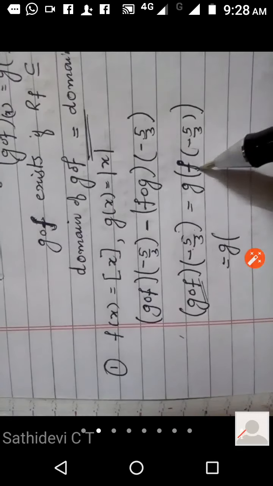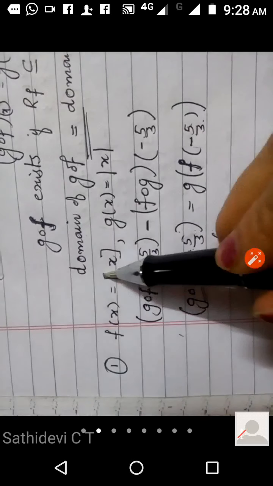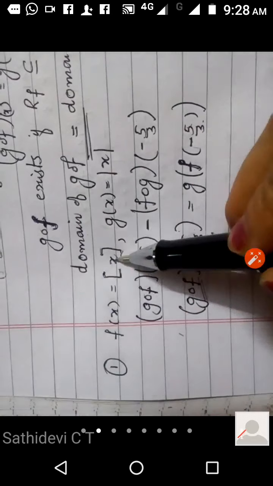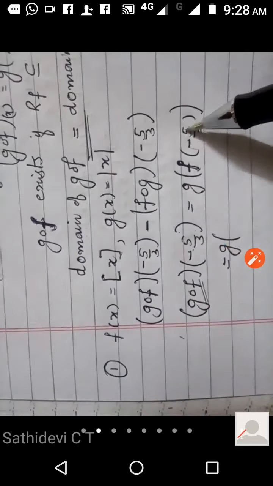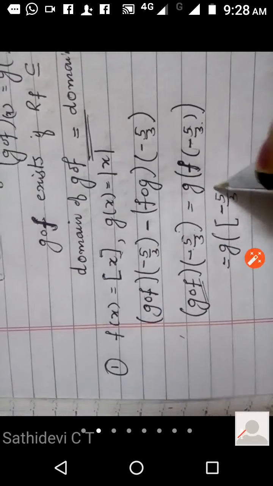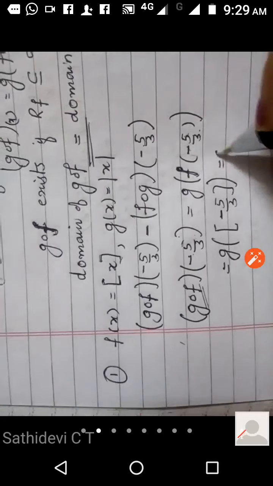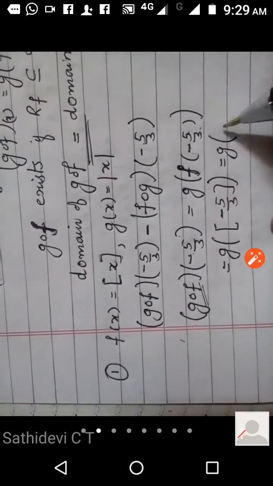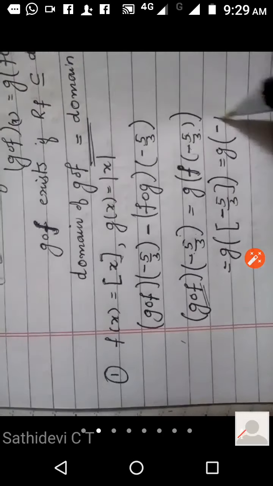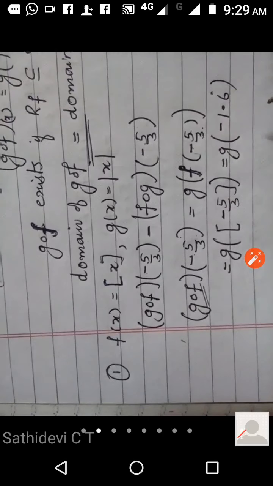What is F of minus 5 by 3? F of X means greatest integer of X. So here, instead of X, minus 5 by 3, this is greatest integer of minus 5 by 3. That is minus 1.666, with 6 repeating.